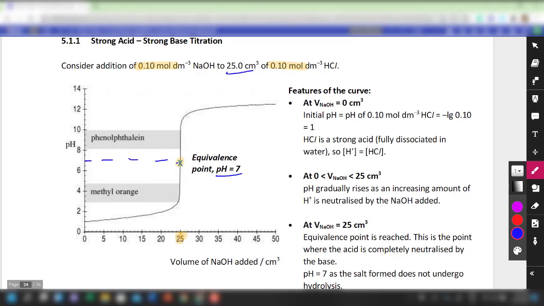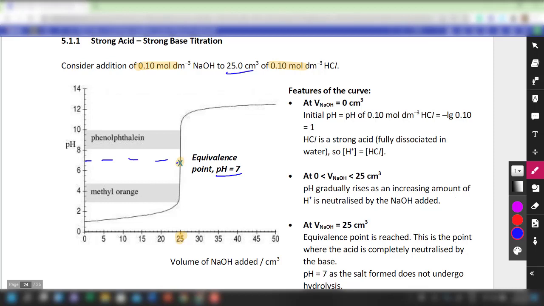And sodium chloride, being the salt of a strong acid and strong base, wouldn't undergo hydrolysis. So therefore the pH of the endpoint, essentially just a sodium chloride solution, will be 7.